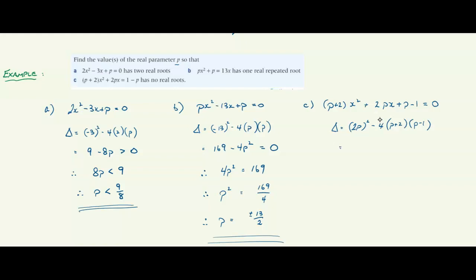Okay, so that's my discriminant. Better do some tidying up here. 4p squared minus 4 lots of p squared plus p minus 2, which is 4p squared minus 4p squared minus 4p plus 8, which comes to just, once I've taken all that out, negative 4p plus 8. That's my discriminant. It has no real roots, so I'm solving less than 0. So therefore, I want my 4p to be greater than 8, and therefore p to be greater than 2.